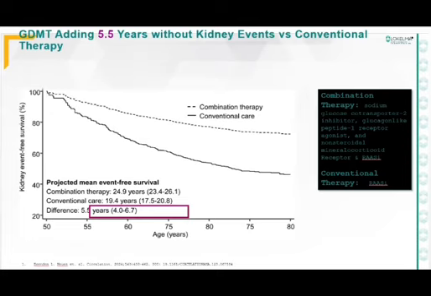When you compare it with conventional therapy, like using only RAS, this is the Kaplan-Meier survival curve of these patients. It shows that the combination therapy is always superior, and it adds a difference of close to around 5.5 years to these patients with type 2 diabetes mellitus and chronic kidney disease. So it is imperative that you should use a mineralocorticoid receptor antagonist along with the combination therapy.